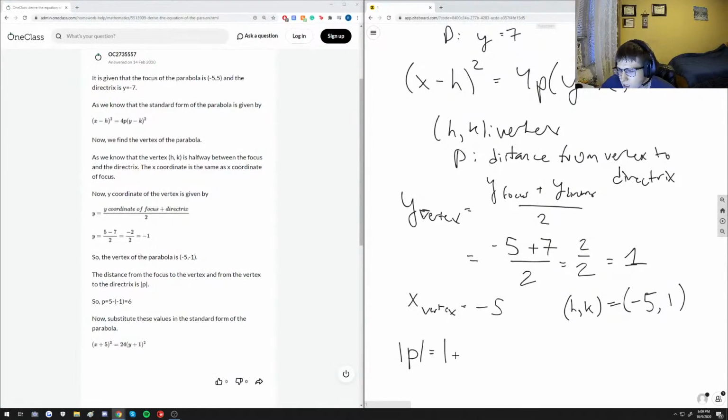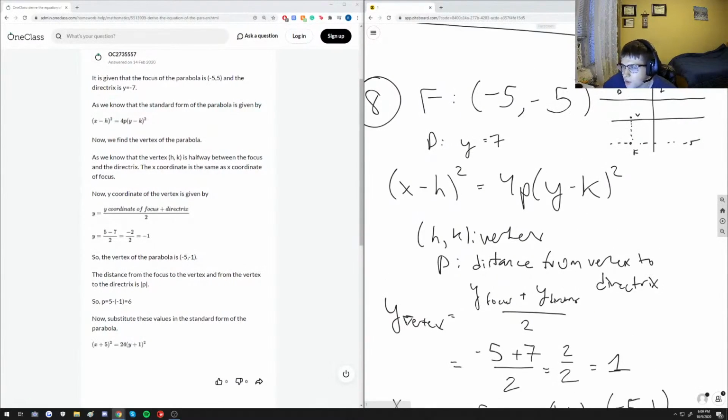We take the y location of the focus, which is -5, and subtract it from the y location of the vertex, which is 1. This is the absolute value of -6, and we get 6. So our p is 6.